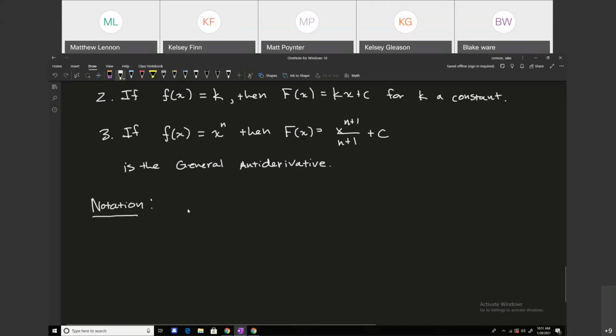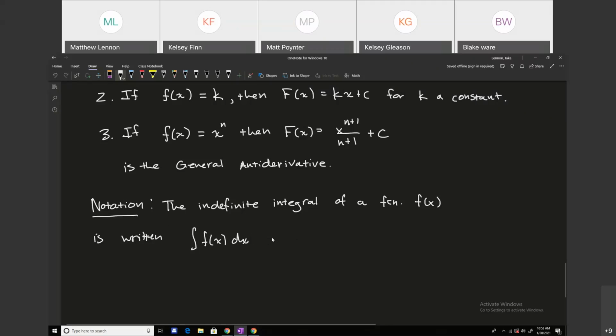So the indefinite integral of a function, say f of x, is written as that elongated s with an f of x on the inside, and then at the end a dx.